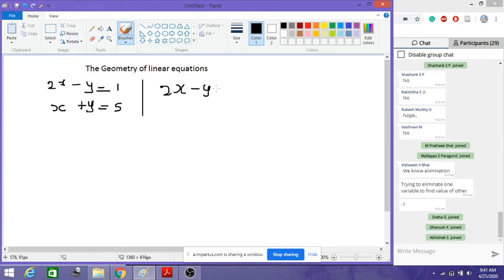So it is minus y equal to 1, and then we have 2x plus 2y equal to 10, and when we subtract this, we get y equal to minus 9. Is that correct? I think something is wrong here.